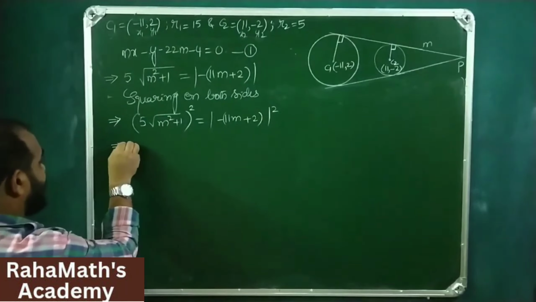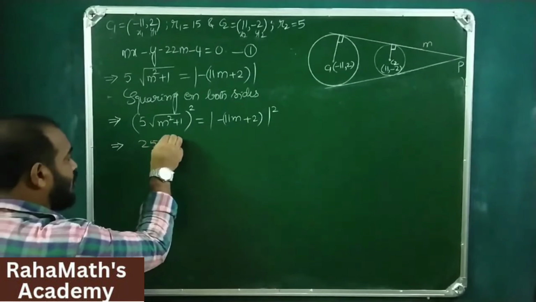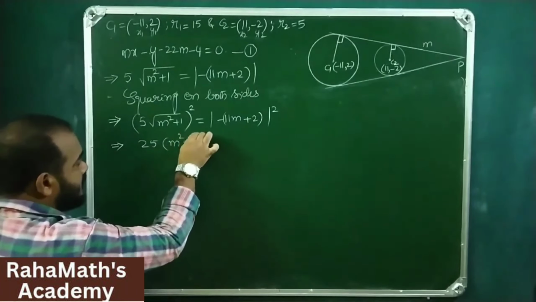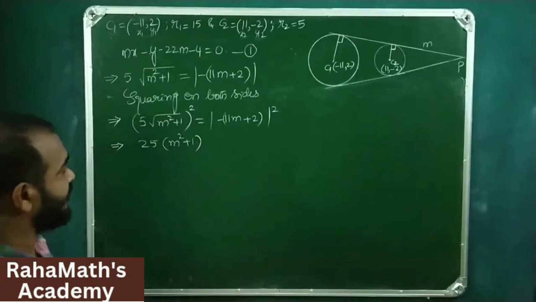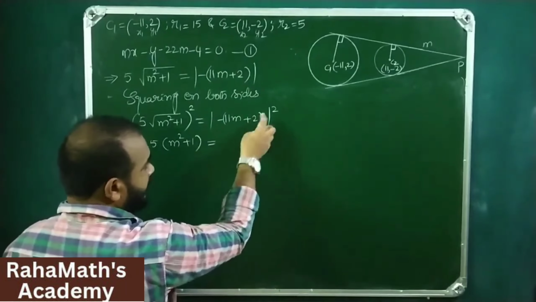So 5 square is 25 into m square plus 1. The square and root will be cancelled. Minus square is plus only. So this is 11m plus 2 whole square.